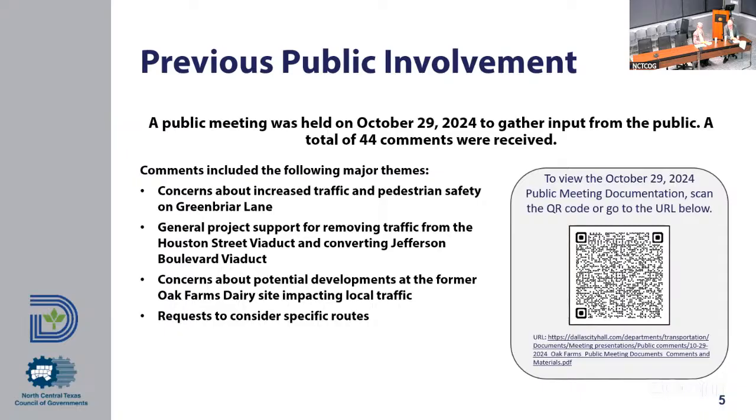We got a lot of support from the public with regard to that particular option. We think we got somewhat of an antiquated use of the viaducts, so we are reaffirming that Houston Street should not have cars on it, and Jefferson would be two-directional. So that recommendation is coming forward as previously proposed.